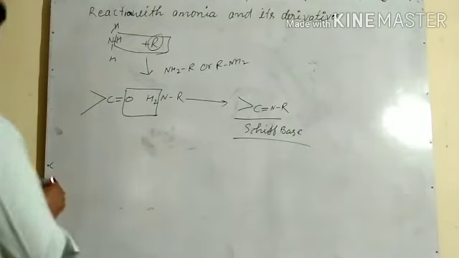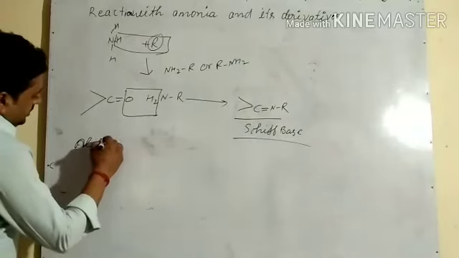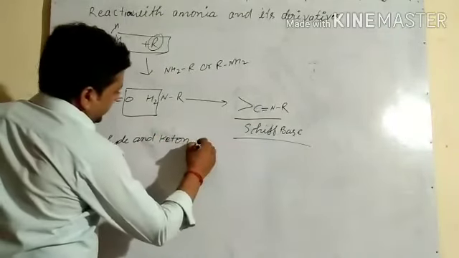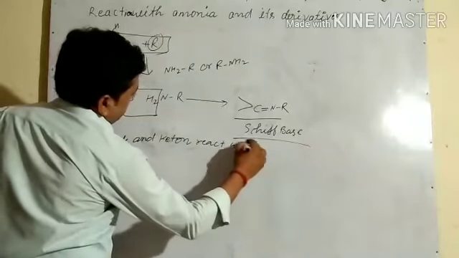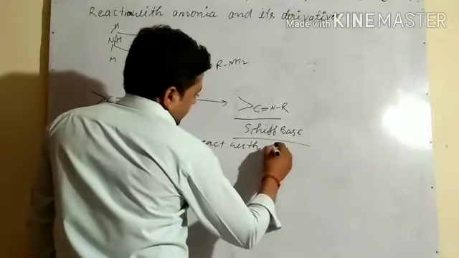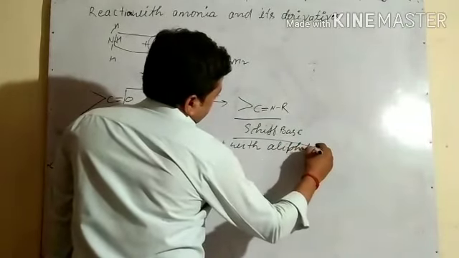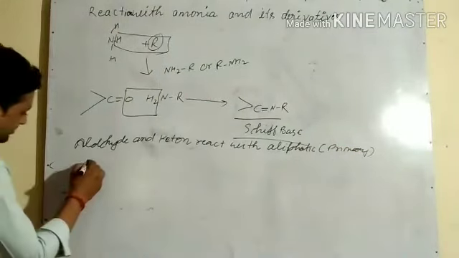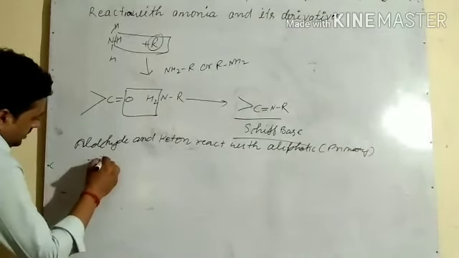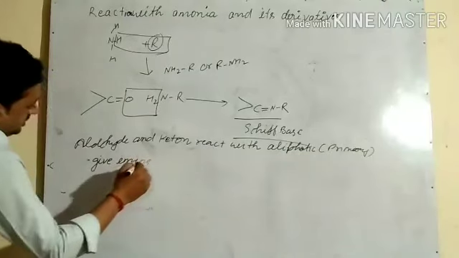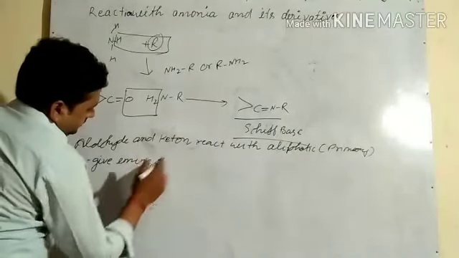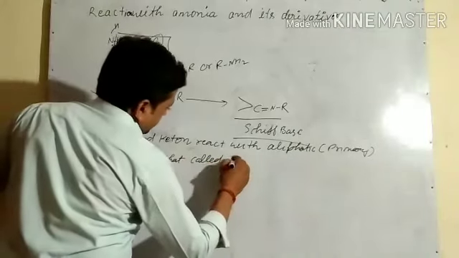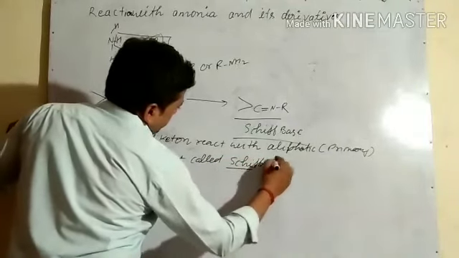So what we have seen here: aldehyde and ketone react with aliphatic amine, especially primary, and give a product that is called Schiff base.